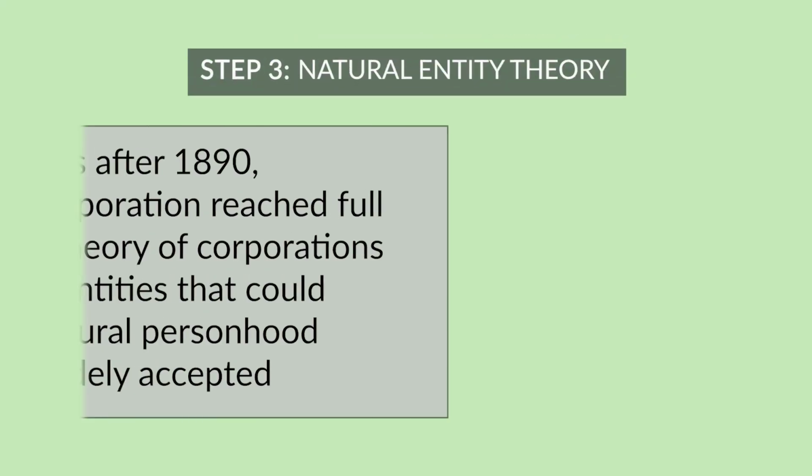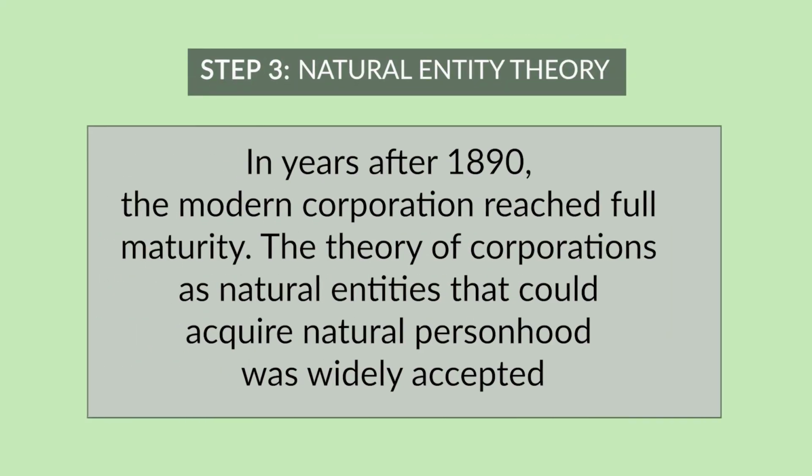Next, we come to stage 3, the third and final stage. We call it the natural entity theory, or the acquisition of natural personhood, and the time period is from 1885 to 1905. In the years after 1890, the modern corporation had reached full maturity.